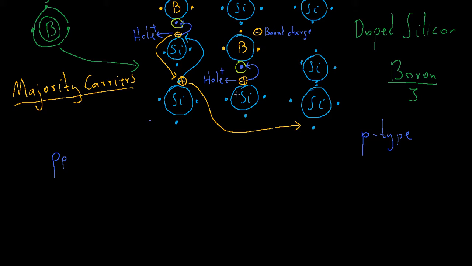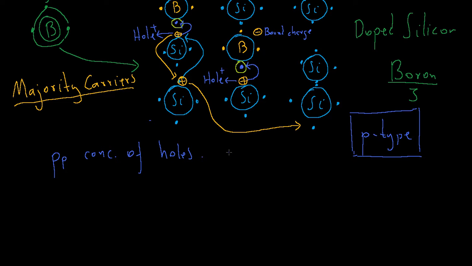So for P-type semiconductors, we define a variable called P sub P, and this is the concentration of holes here.